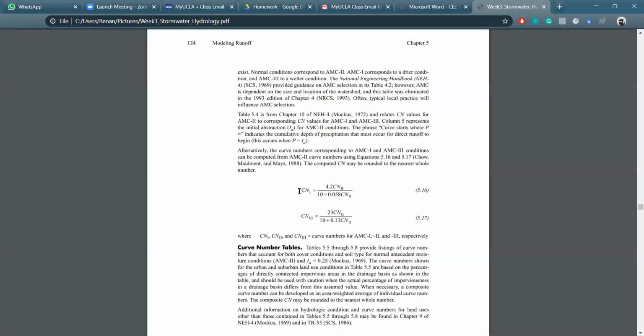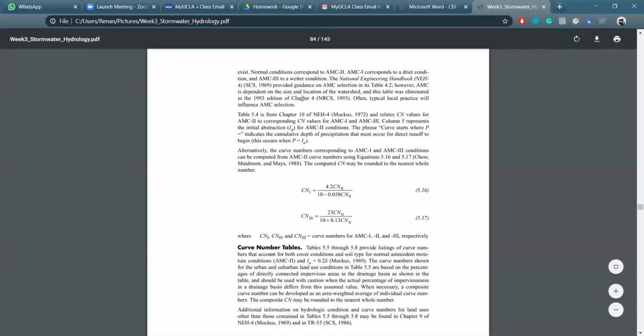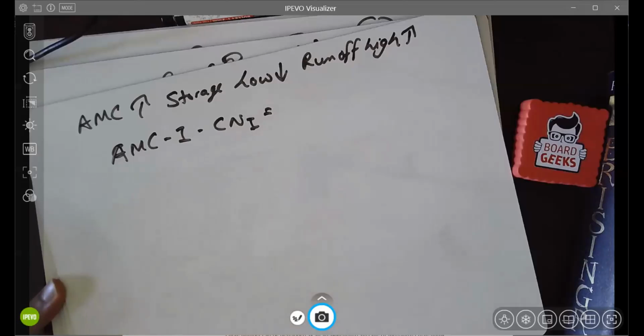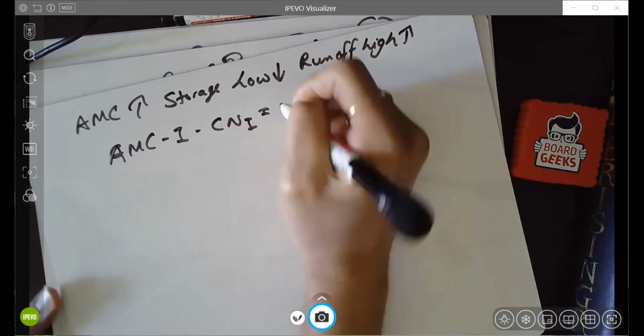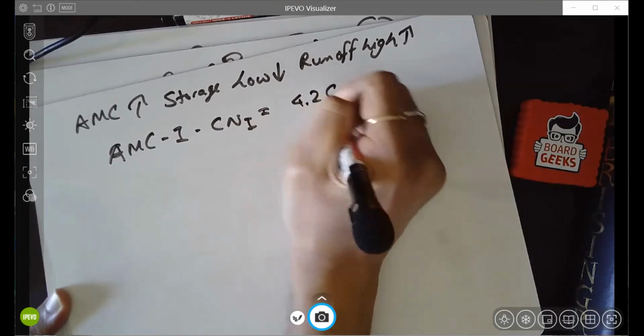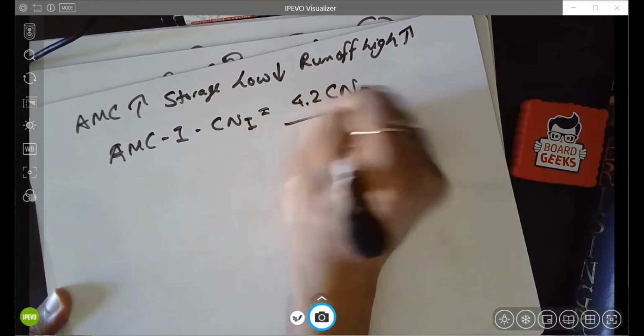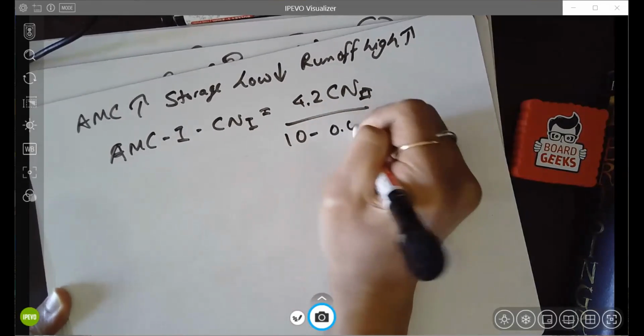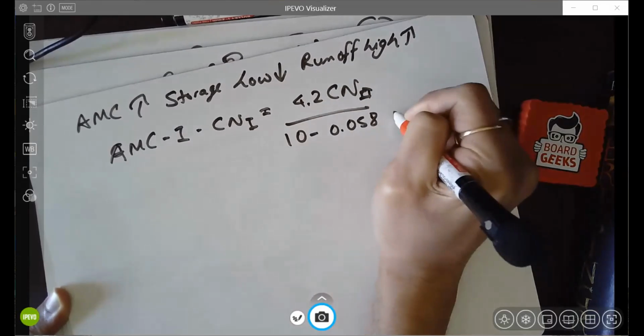Use these equations to solve for antecedent moisture conditions, or CN. If the AMC is 1, then CN1 becomes 4.2 CN2, where CN2 is what we get from the table, divided by 10 minus 0.058 CN2.